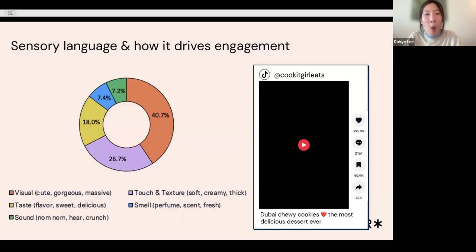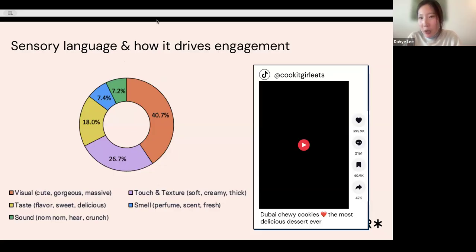Using our video transcription, we look at the actual sensory language creators use when reviewing products. We were able to see that visual language like gorgeous, cute, massive dominate even in the spoken content, not just in the images.